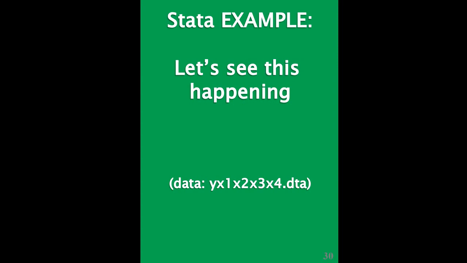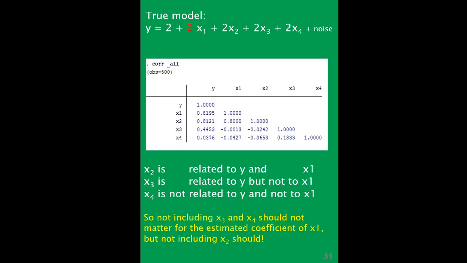First let me show you that it actually works. I made a toy data set, one y variable and 4 predictor variables, x1, 2, 3, and 4. And I created a model myself here as y is the sum of 2 plus 2 times x1 plus 2 times x2 plus 2 times x3 plus 2 times x4 and some noise.